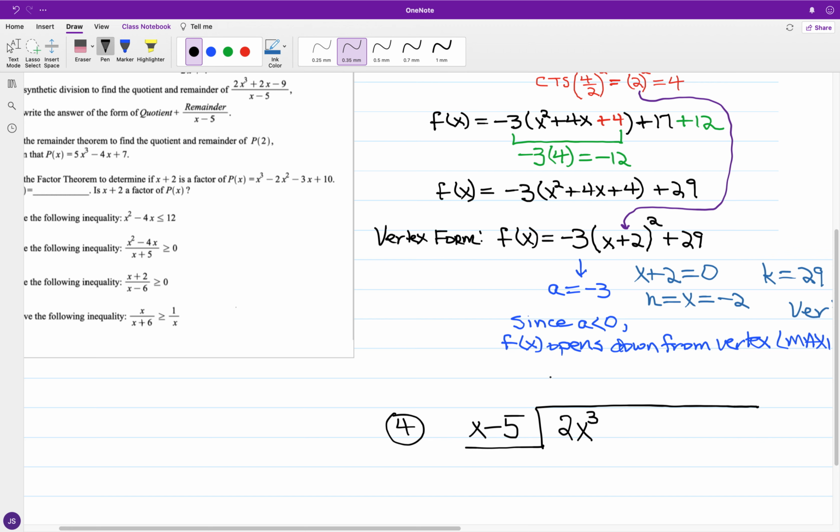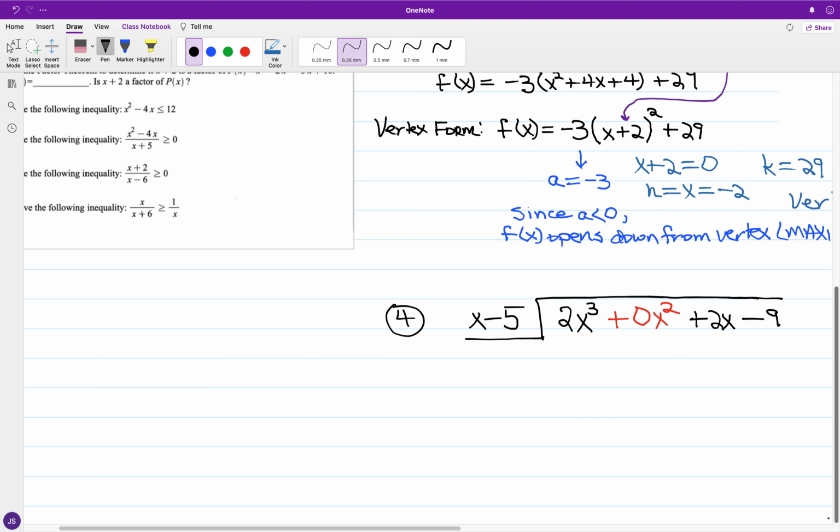I want all the degrees from the third order down to the constant to be represented. If you notice, we don't have an x squared term, so I'm going to use 0 as a placeholder. Then I have plus 2x, followed by the subtraction of 9.